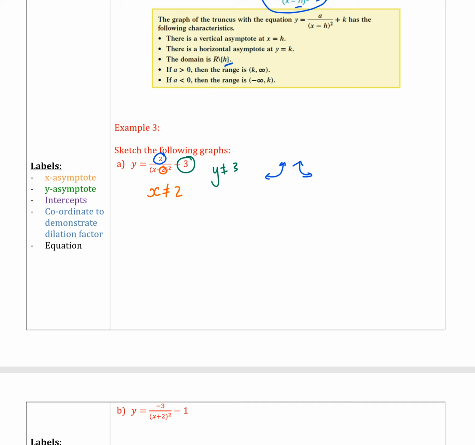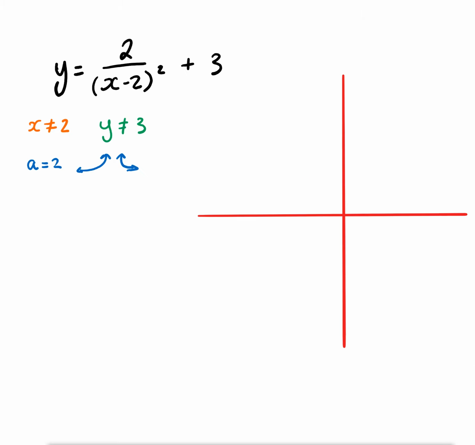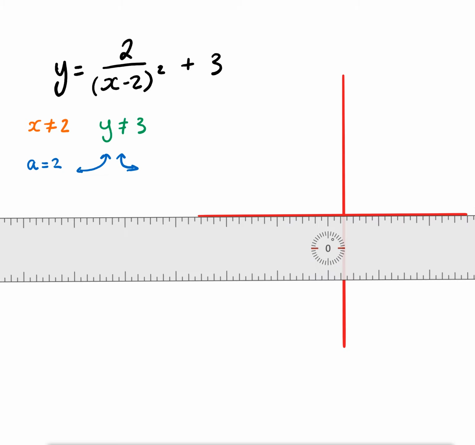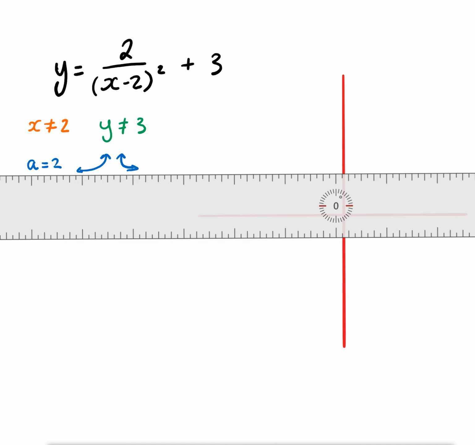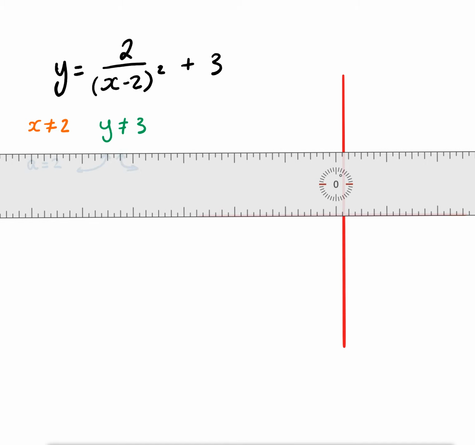It is really important that we use a ruler for this. So we might actually jump over to the whiteboard app in order to sketch this properly. Okay, so once we think about what we know, it's a good idea to actually draw in those asymptotes. So we'll get out our ruler. Now I know that y can't be equal to 3, so I'll draw that asymptote.